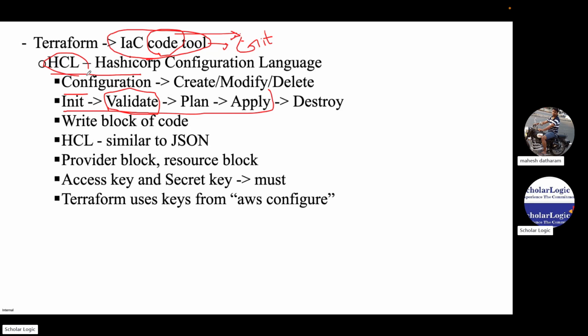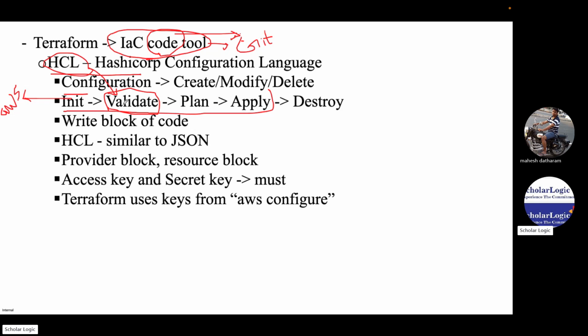Init is to initialize the AWS cloud or Azure cloud, whichever cloud you are currently working on. It will be installing the plugins and configuring different versions of other software required. Everything will be done by running the init command. Every command will be prefixed with Terraform.